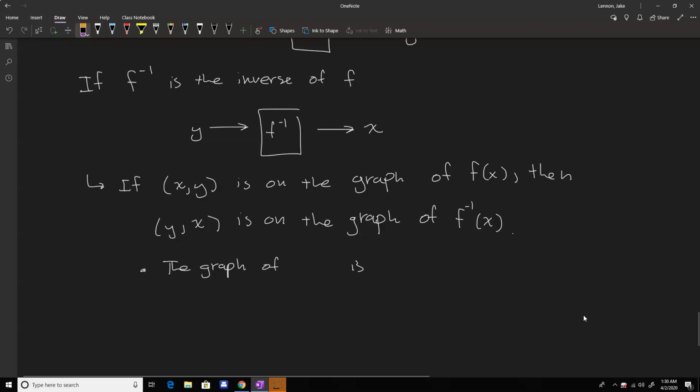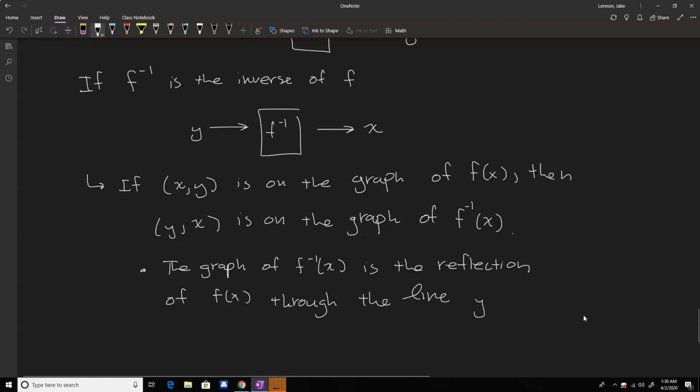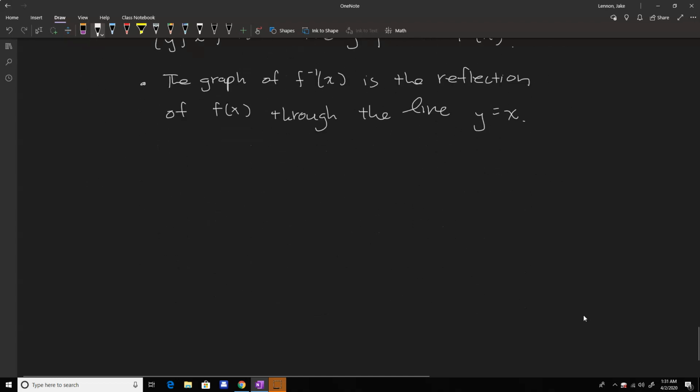The graph of f inverse of x is the reflection of f of x through the line y equals x. The reason that is the line y equals x is that x values and y values are all the same. So if you flip them around, you have the same exact point.